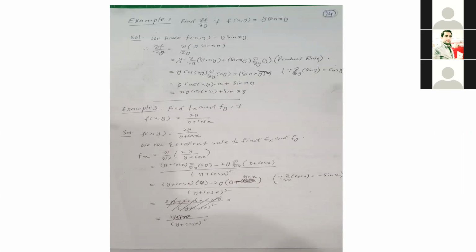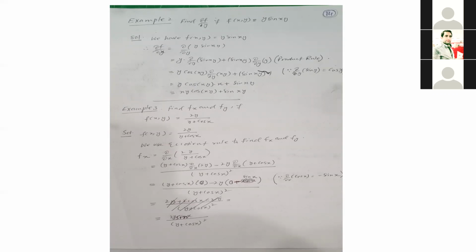Find the partial derivative of the function with respect to y if f of x, y is equal to y sine xy. Now here this is the product of two functions, y into sine xy. Solution: we are given that f of x, y is equal to y times sine xy.